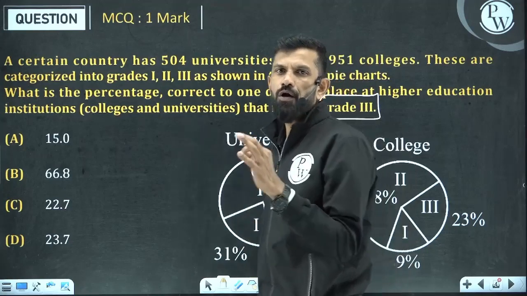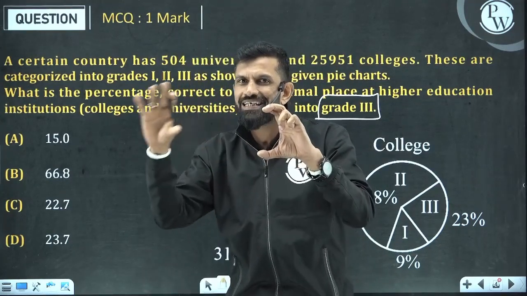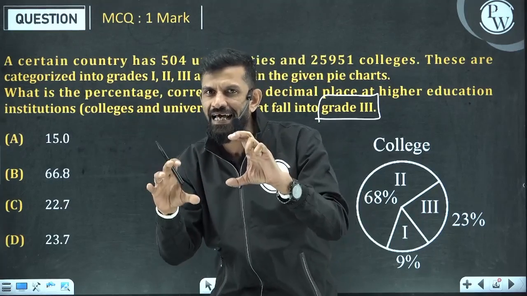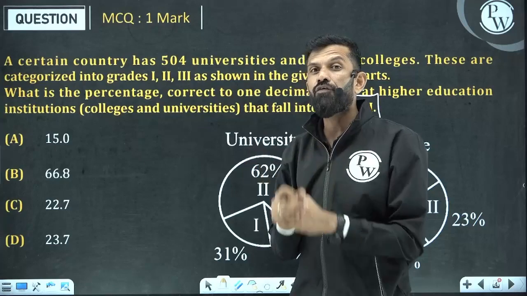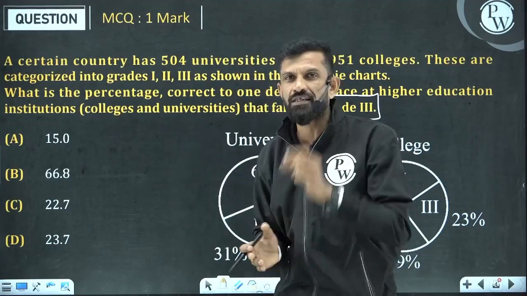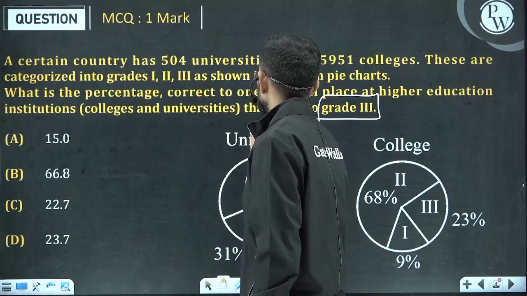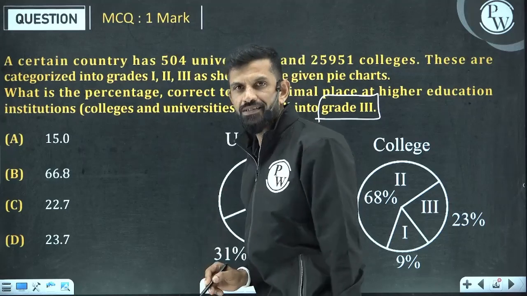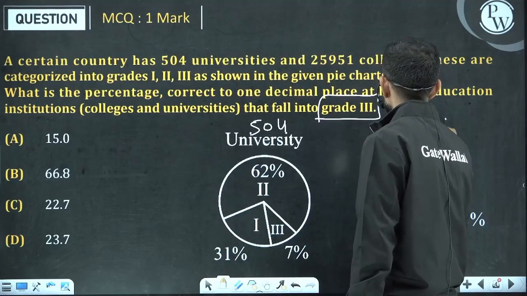So we have to observe regarding grade 3. Grade 3, all those colleges and universities are there. So how much percentage is it of the total? First of all, we have to see the total number of these institutions including colleges and universities. You know very well it is given that there are 504 universities and 25,951 colleges.